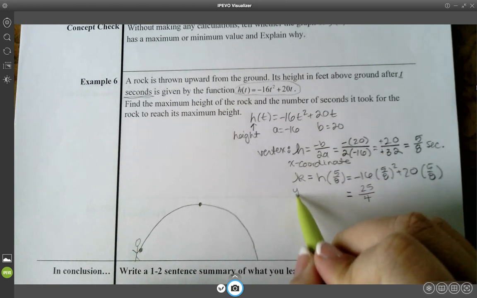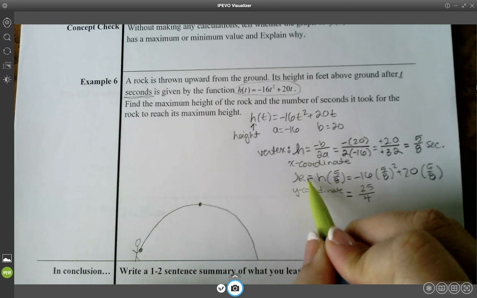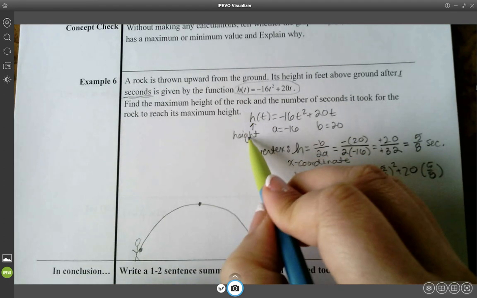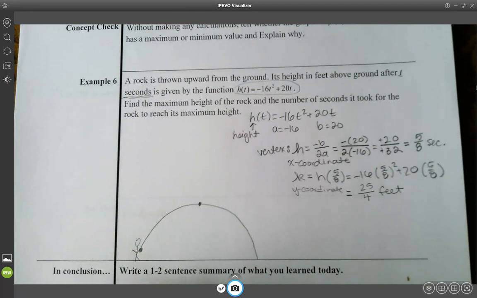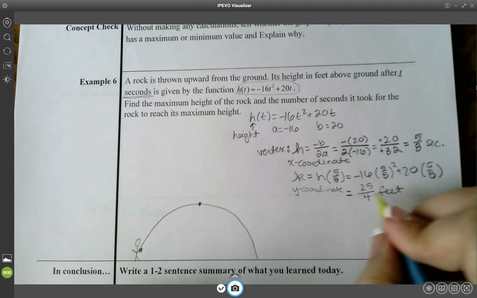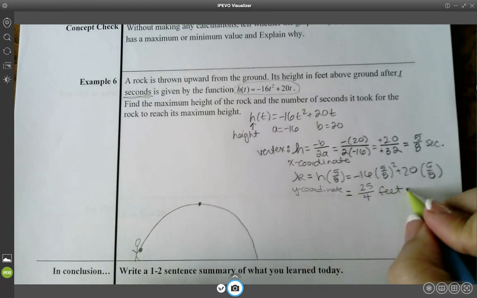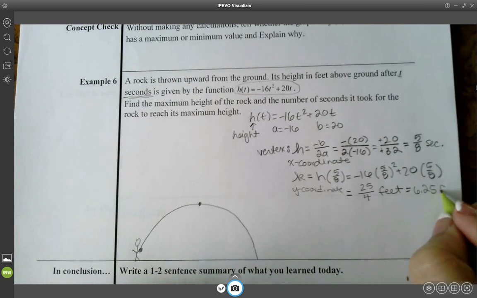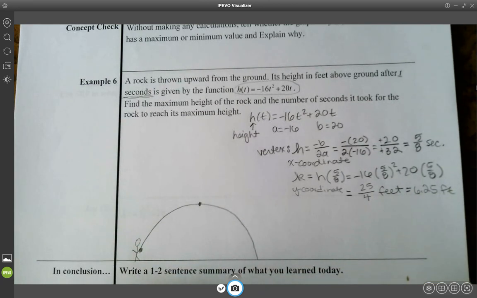This is the y coordinate, represents the height, right? H here represents height. So this is in feet, okay? If we want to look at this as an estimate, if I tell you someone is 25/4 feet tall, it doesn't mean as much as if I say that is actually equal to 6.25 feet. So in fraction form and in decimal form.